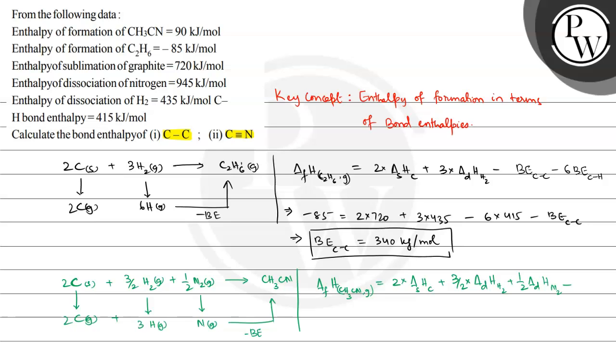So इसमें 3 CH bonds, एक C single bond C और एक C triple bond N है, so minus 3 into bond enthalpy of CH minus bond enthalpy of C single bond C minus bond enthalpy of C triple bond N. तो इसकी अगर हम वैल्यूज पुट करें, हमारे पास almost सारे वैल्यूज है except bond enthalpy of C triple bond N, so we can put the values.